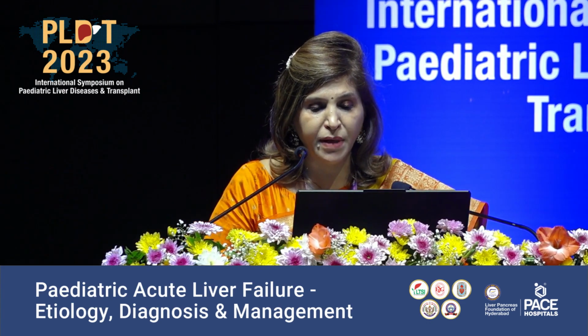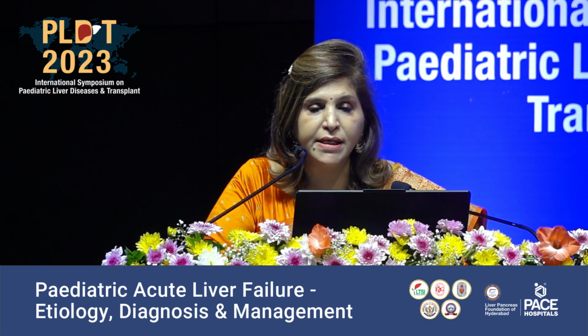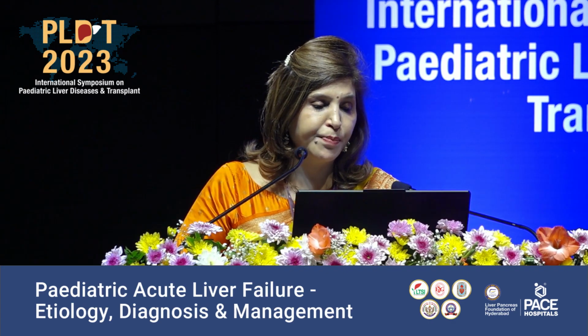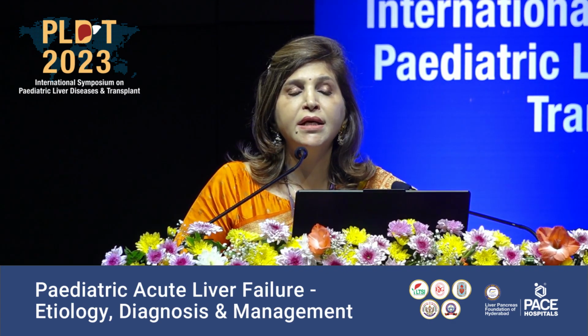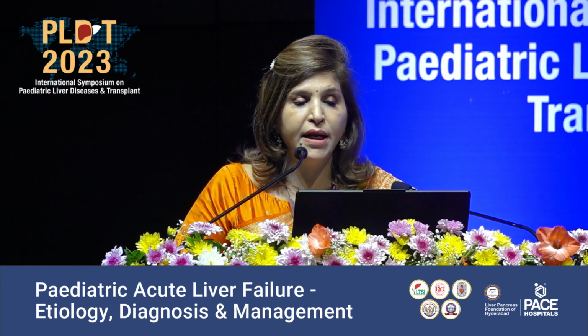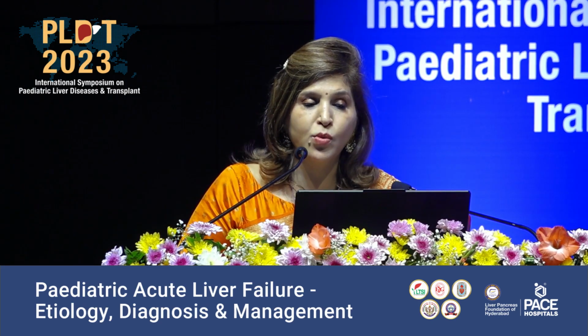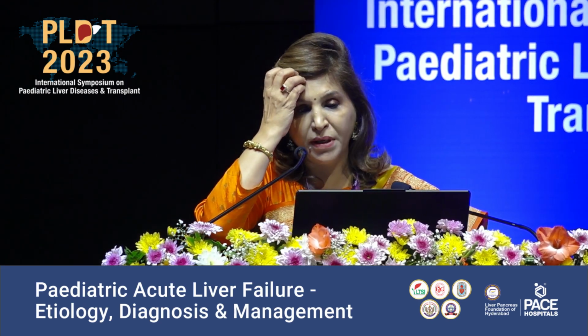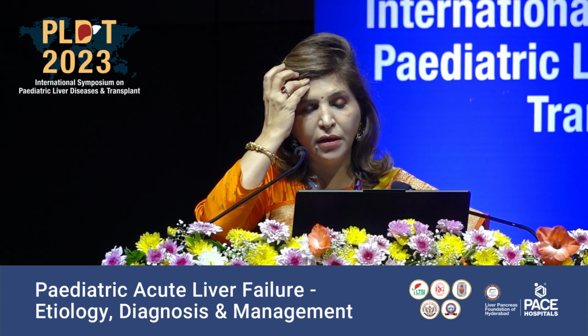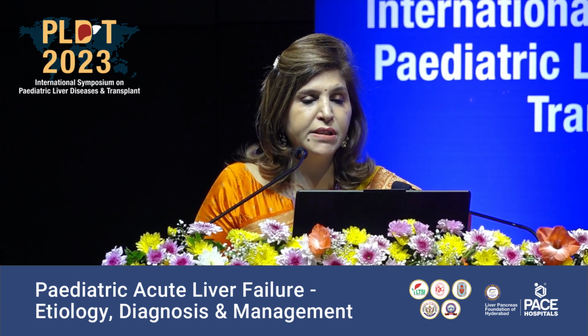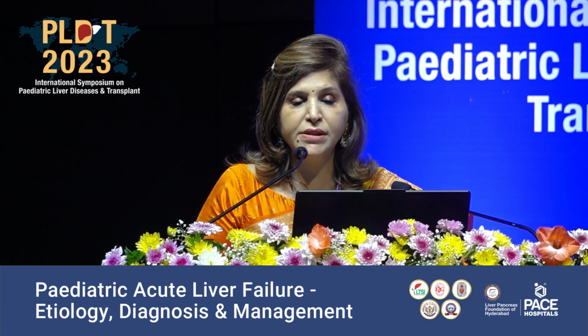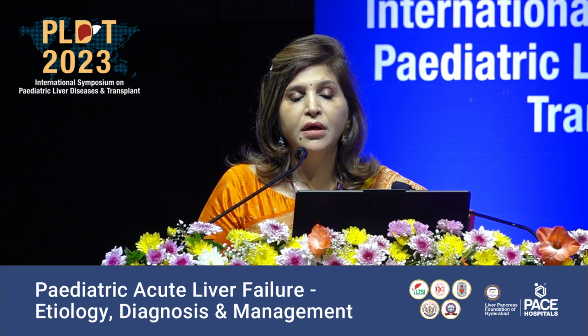I did present this paper, but like a typical Indian, I did not write this paper, and that was wrong because now there are good guidelines. But I was one of the first to have made this paper and presented it at the Asia meeting, where we talked about prevalence of AKI in pediatric ALF.